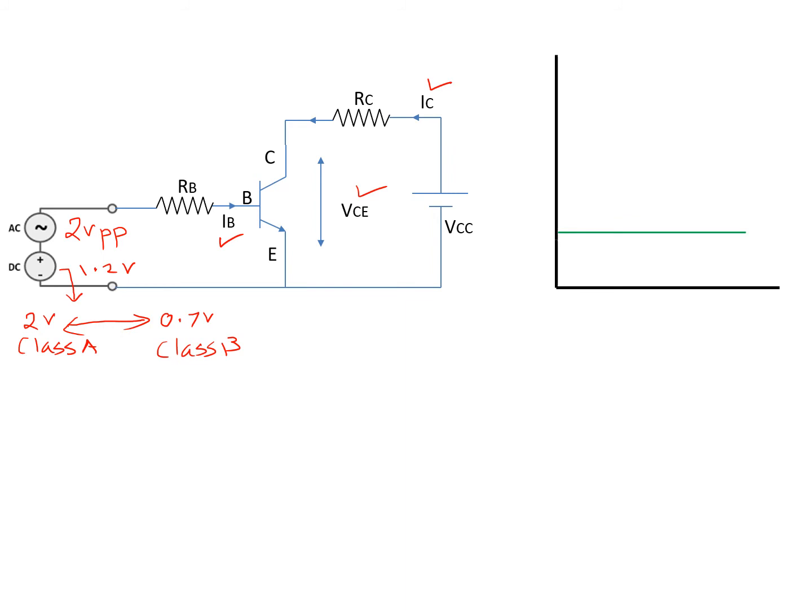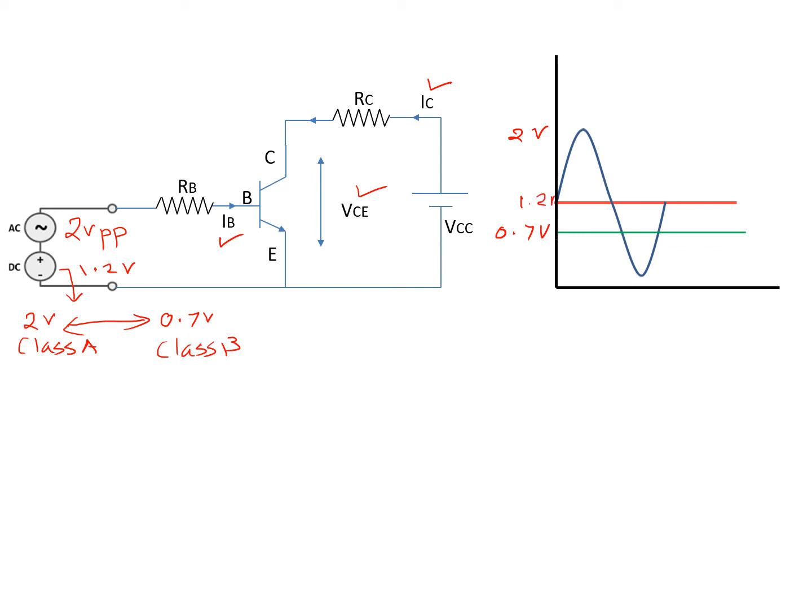This green line indicates our 0.7 volt VBE, and now this is our input signal. This input signal DC value is 2 volt, and now we will make it 1.2. Now see, this value is now 1.2 volt.